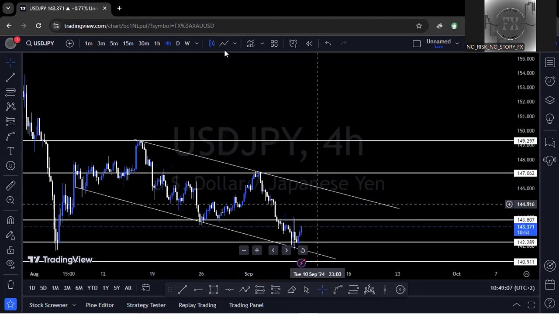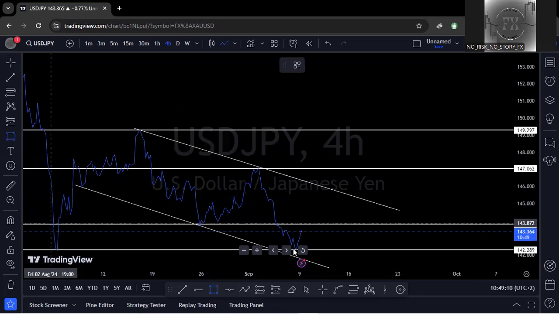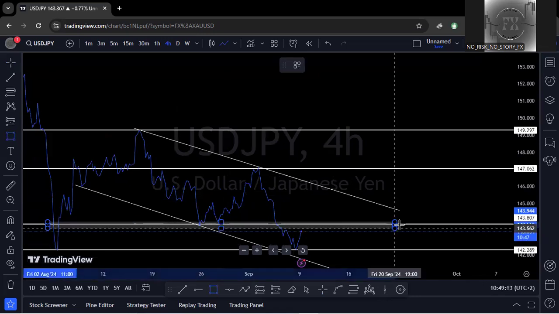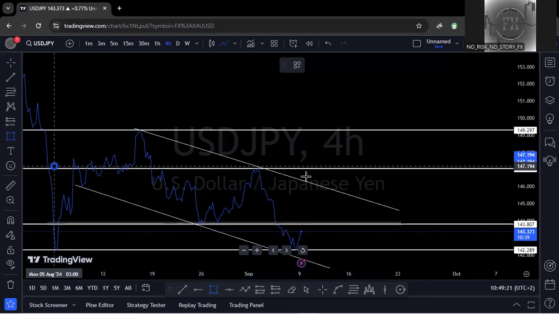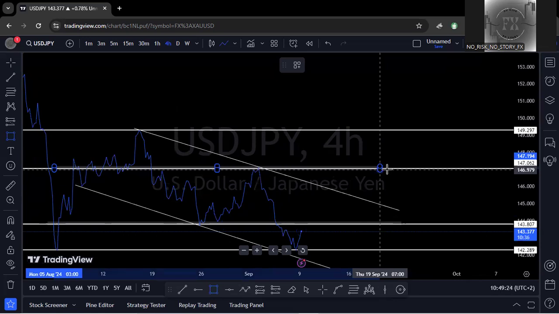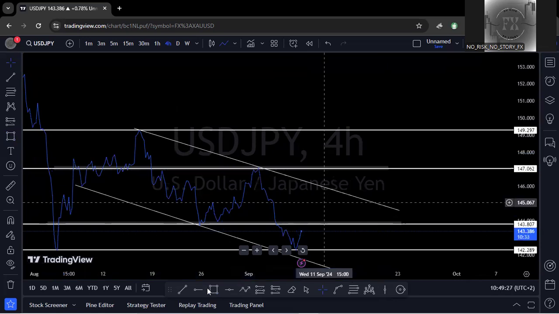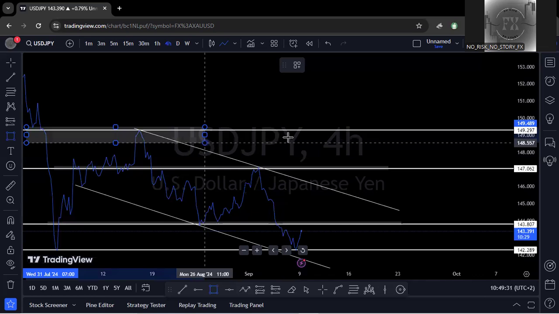So I would like to highlight my important zones, drawing my zones in this area here, which seems to be more important, and also this zone right here, and also this one right there on the low.